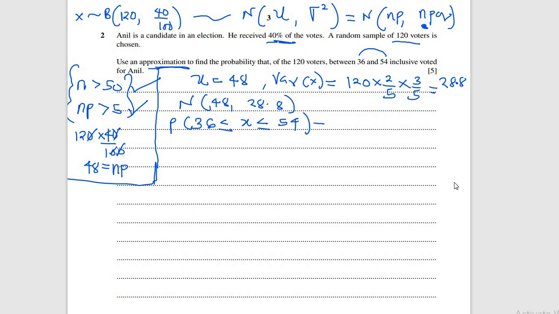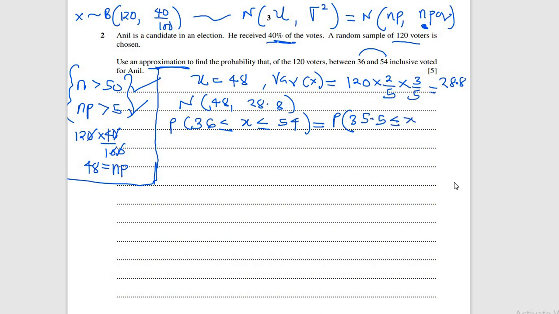Now, for approximation, you are going to apply continuity. Continuity means that you either add 0.5 or subtract 0.5. In this particular case, with less than or equal to, the lower limit, which is 36, you subtract 0.5.